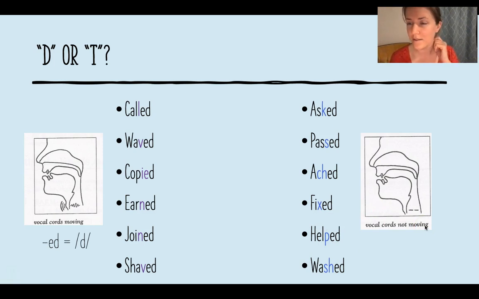They're more quiet and they do not come from the throat. So, the ED sound also does not vibrate. And it will sound like t, more of a whisper, a softer sound, in order to sound similar, because that's easier for us.